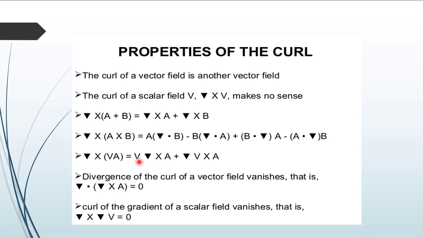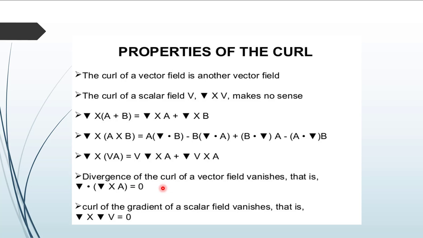It is equal to the scalar V into del cross A, means you can take this scalar outside and apply the curl to the vector quantity alone, plus you have to take the gradient of that scalar quantity. Now gradient can be applied to the scalar quantity. So del V means gradient. It is the gradient of V cross A.